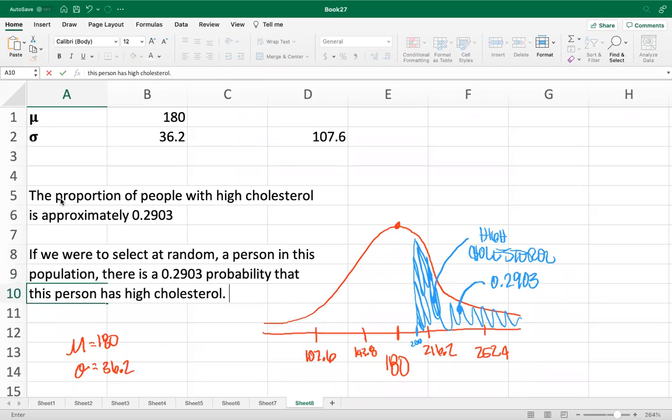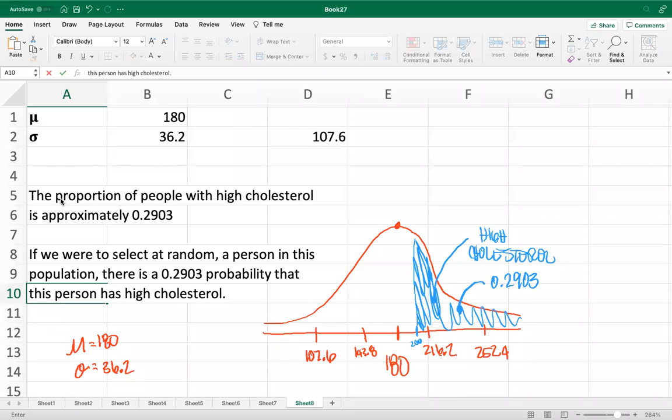So remember, whenever we have that, the area represents two different things. Depending on how the question is stated, this either represents the proportion of individuals in the population, or it represents the probability, and then we would state the claim.